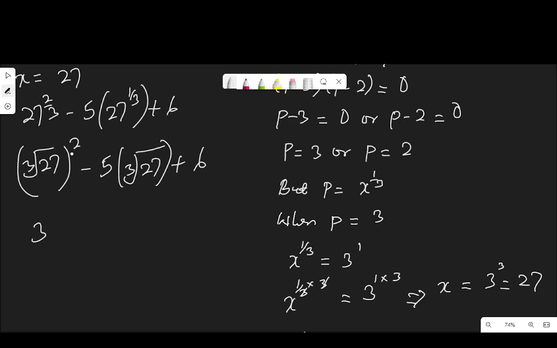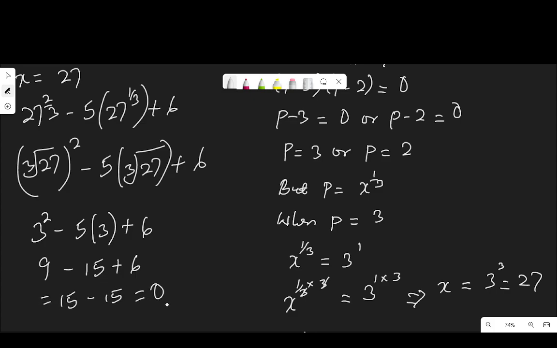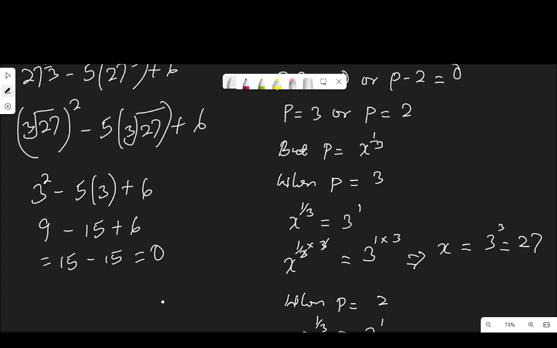So 3 to the power of 2, then minus 5 times, again, the cube root of 27, 3, plus 6. 3 squared is 9, and minus 15, 5 times 3, plus 6. Again, let's add the positives together. 9 plus 6 is 15, and 15 minus 15 is 0. Therefore, the two values satisfy the equation: x is 8 or 27.